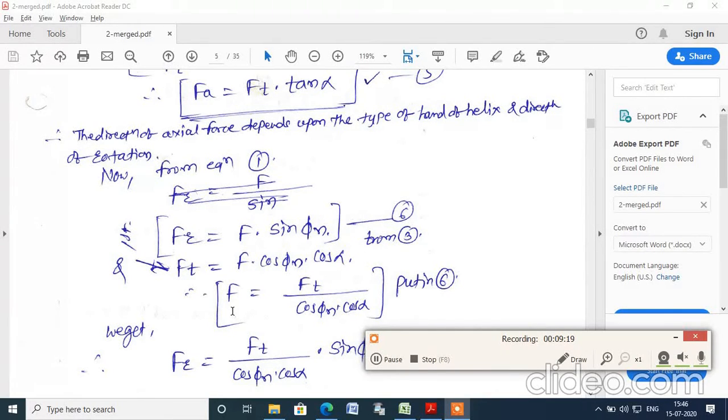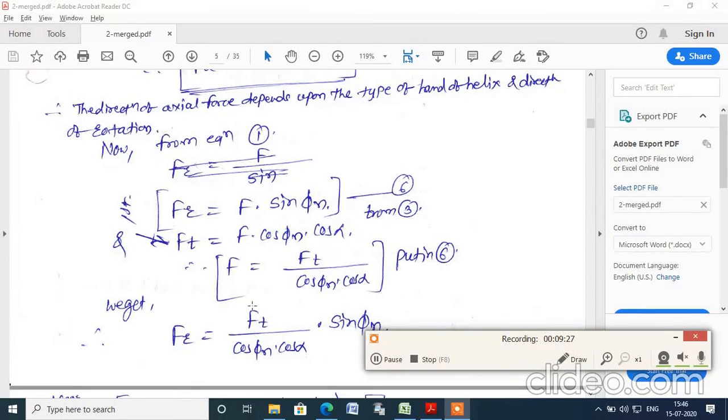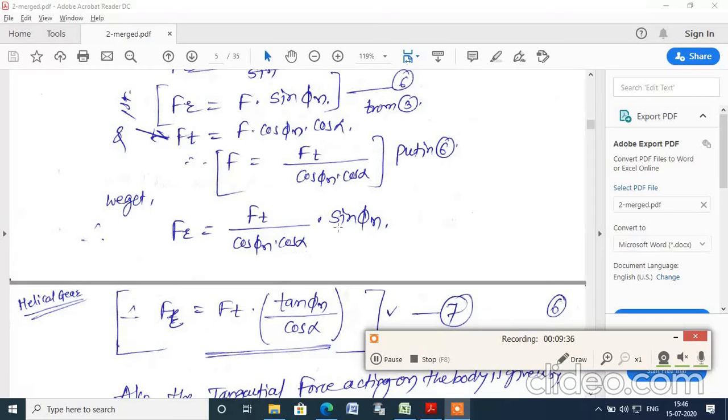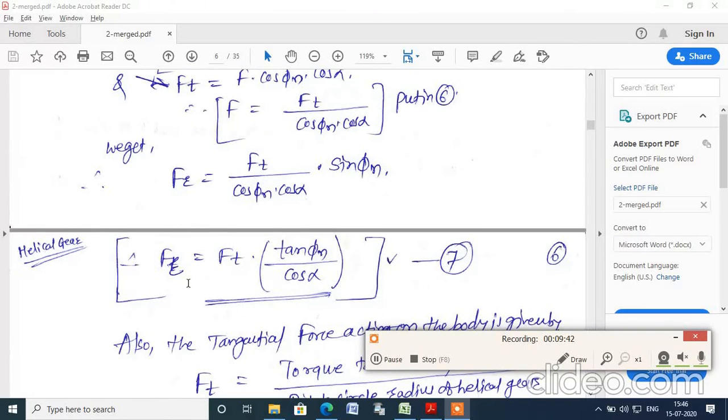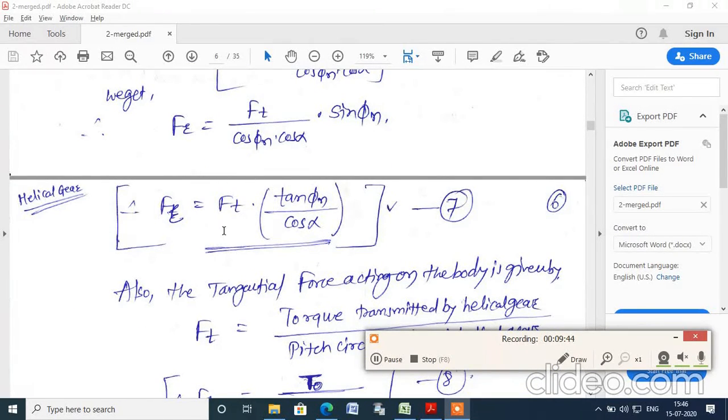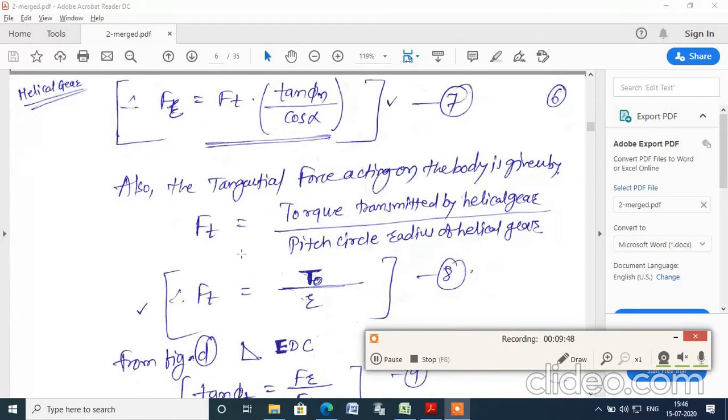So F equals Ft upon cos phi n cos alpha. Putting this value of F in equation number 6, we get Fr equals Ft by cos phi n cos alpha into sin phi n. Sin phi n upon cos phi n is tan phi n. So Fr is equal to Ft into tan phi n upon cos alpha. This is the radial force. So if you know the tangential force, you can calculate the radial force as well as the axial force.